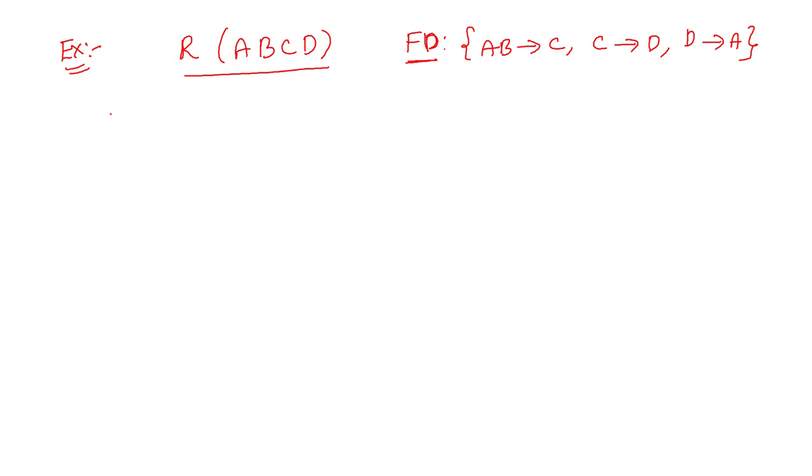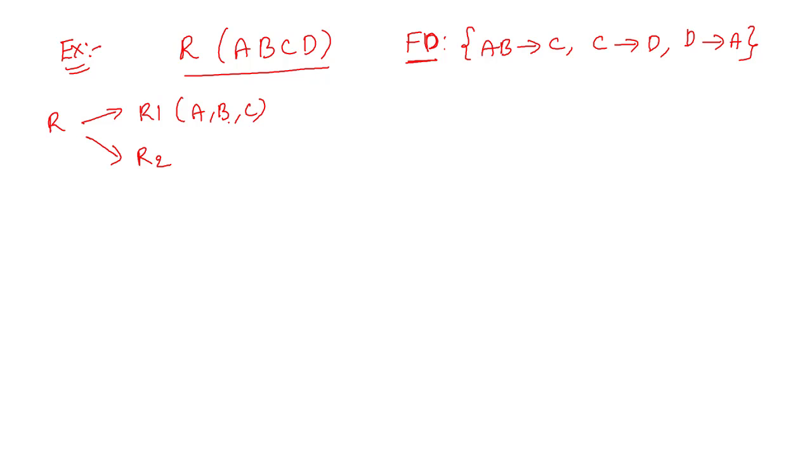Now, this relation R is decomposed into R1 and R2. R1 has the attributes ABC.